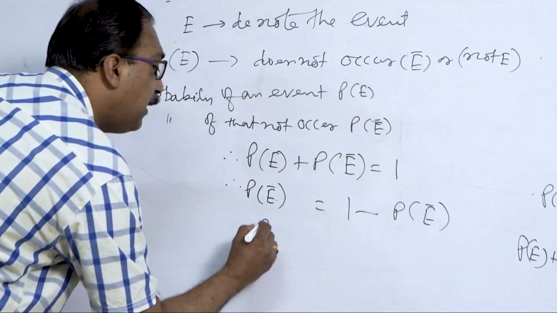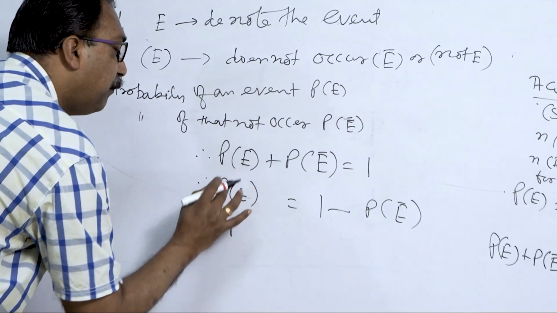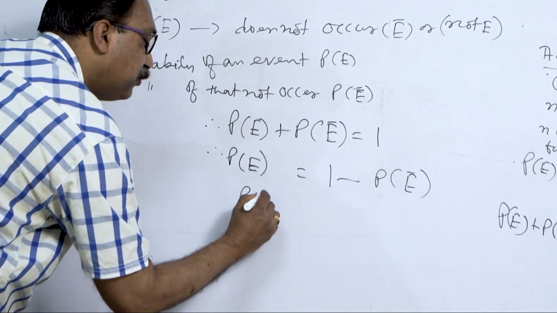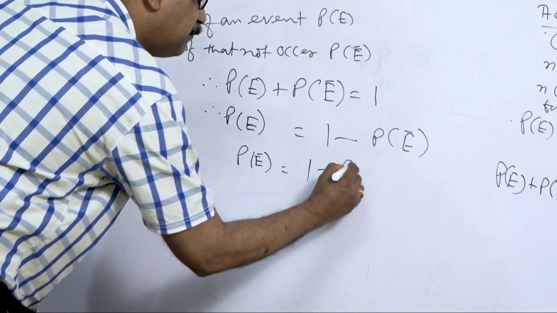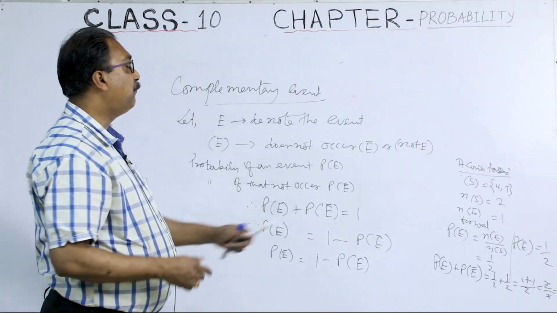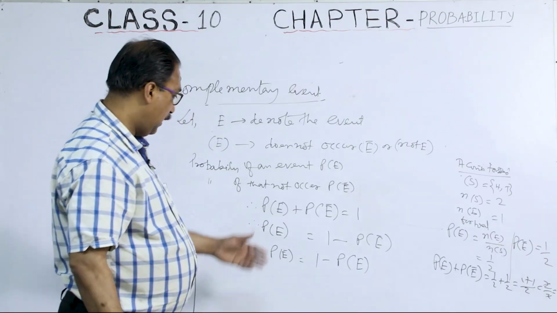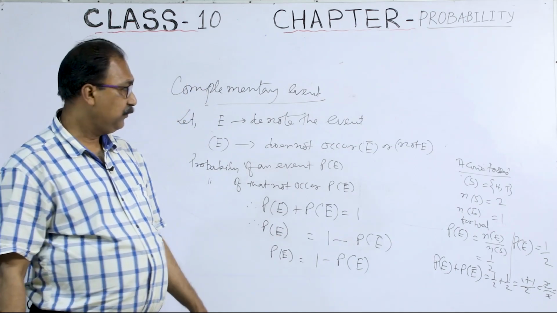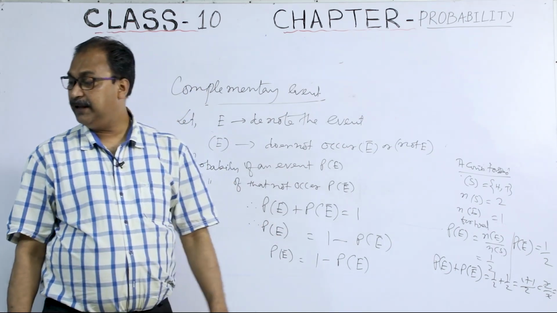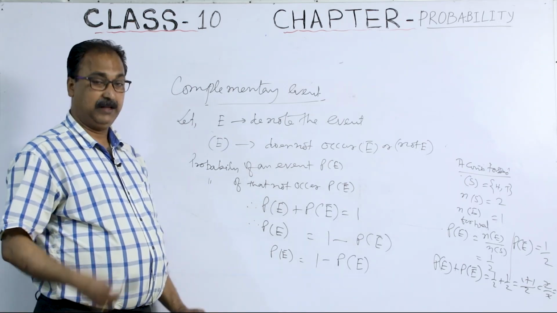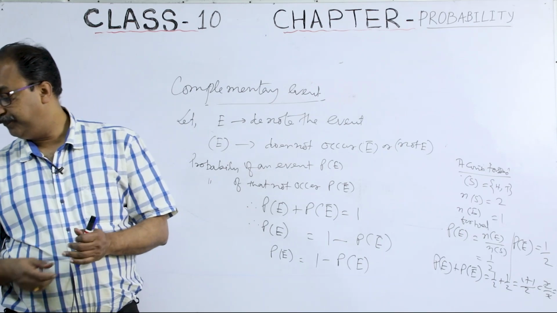Or if they give P of E, you have to find P of E bar, which is 1 minus probability of that event. So this way we can prove the sum of the probabilities is 1, and with that relation we can find what is not happening also. Clear? This is the total idea of probability. We call this a complementary event. It is a way to help you solve the problem.